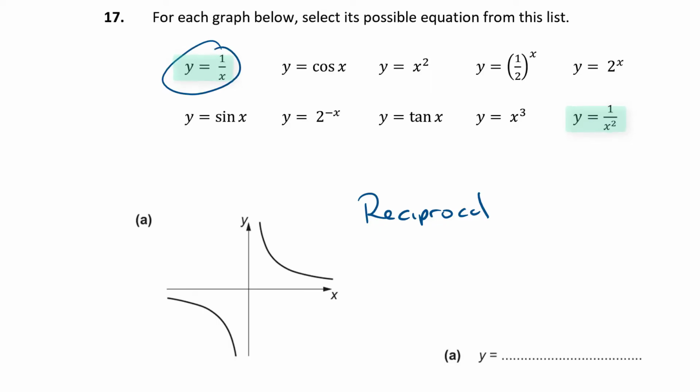So it could be that one, or it could be that one here. Both of those are over x, but this has got an even power of x. When you have even powers, they tend to look like that with the same way up. So you still get a two-part curve, but they're both the same way up. So the one I'm looking for then is that y equals 1 over x. That's the one I'm after, 1 over x.